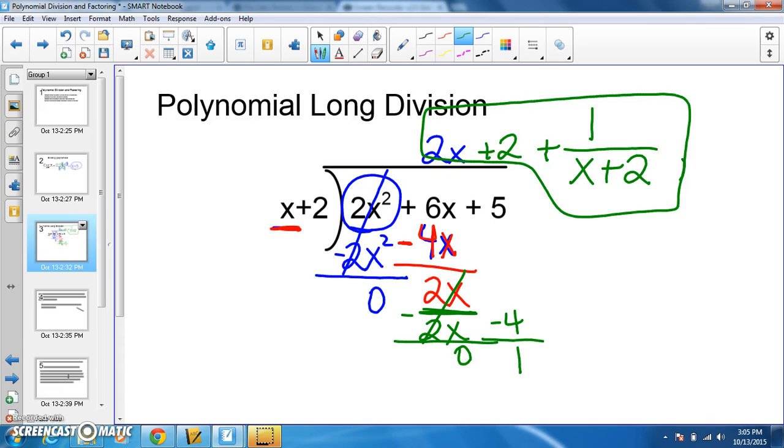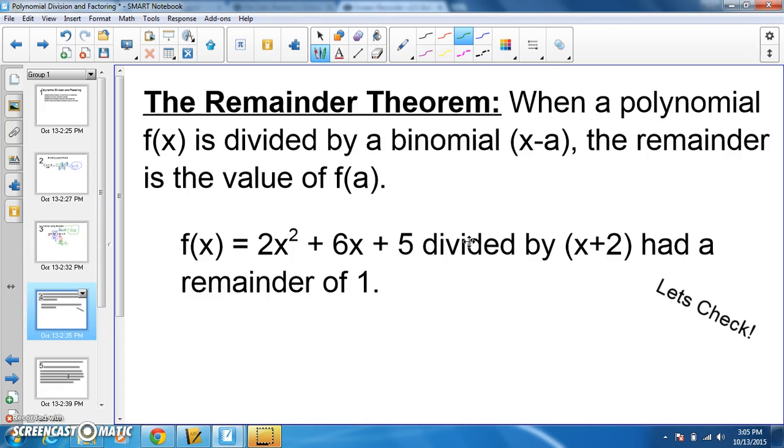Now, the remainder theorem is telling us when a polynomial f of x is divided by a binomial x minus a, the remainder is the value of f of a.